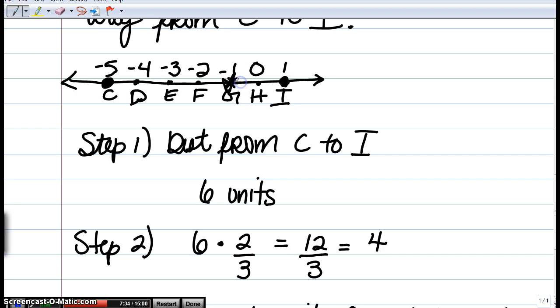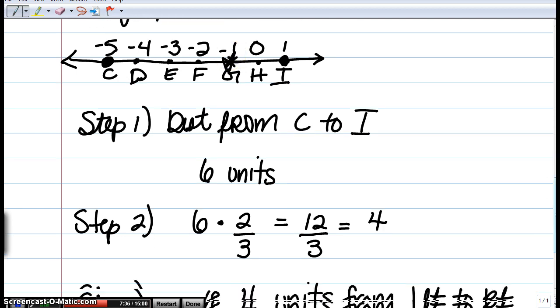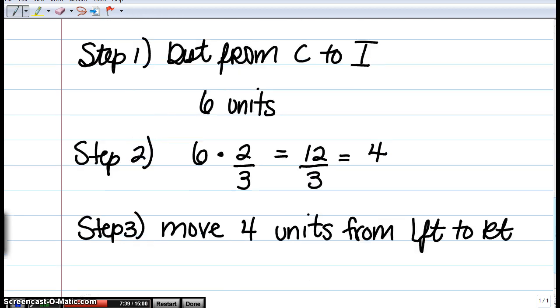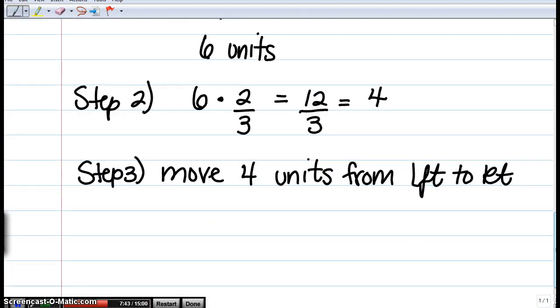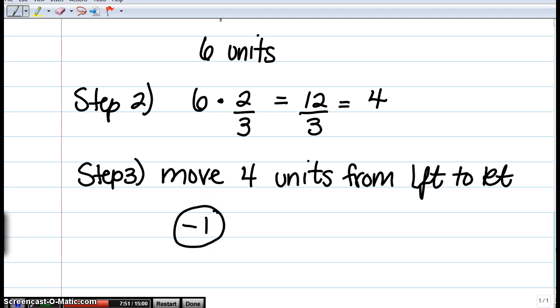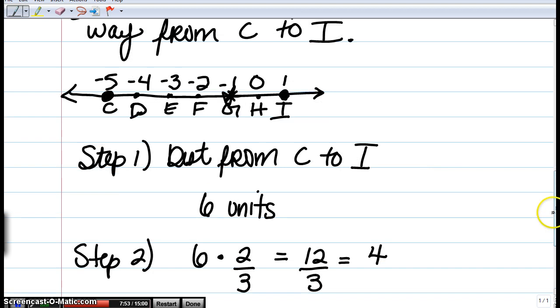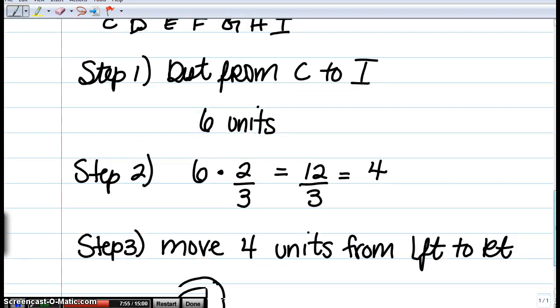And right here on G, which is -1, is the 2/3 point between C and I. So I would write -1 as my answer, because it's 2/3 of the way from C to I. Final answer.